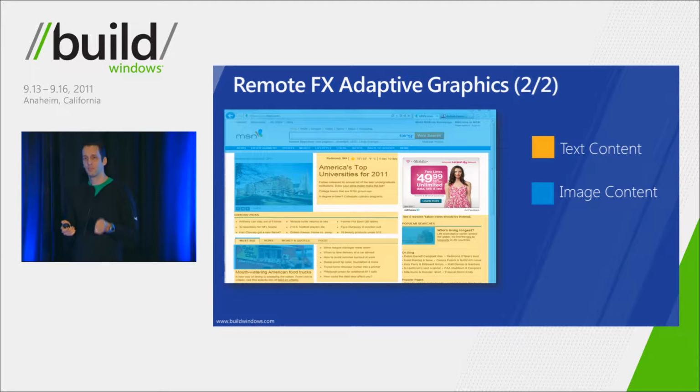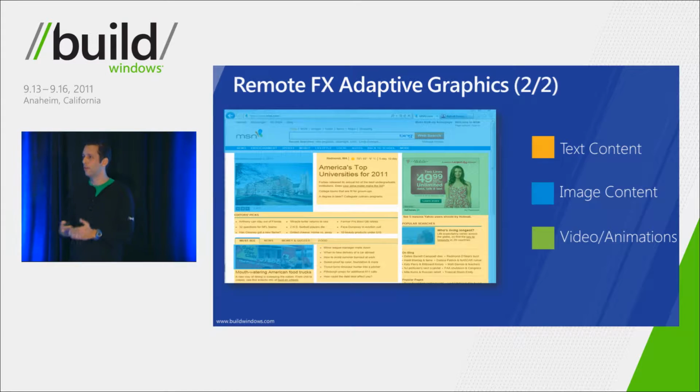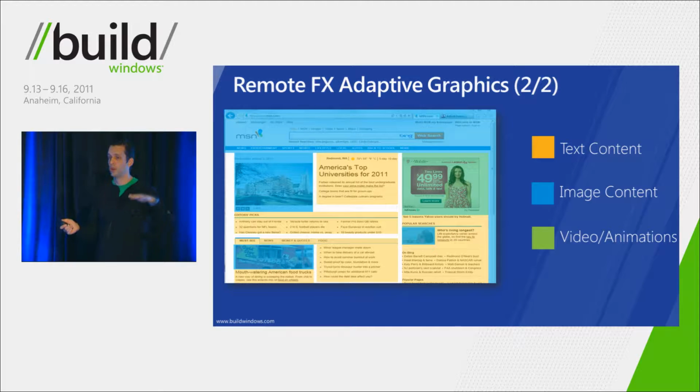Images can be progressively refined and transmitted with the RemoteFX codecs that are tuned for images, the successors, the next generation of the Calista codec, and progressive refinement features. And then any content that is fast-moving, such as videos, can be optimized and sent over with video-tuned codecs. And so you can achieve the best of both worlds in terms of trade-offs, delivering for the end user a really low CPU profile, but maintaining great experience for content that needs to remain sharp and clear, such as text.